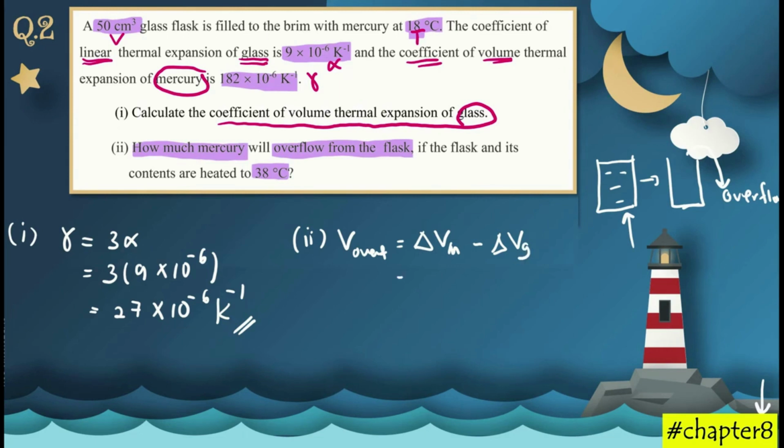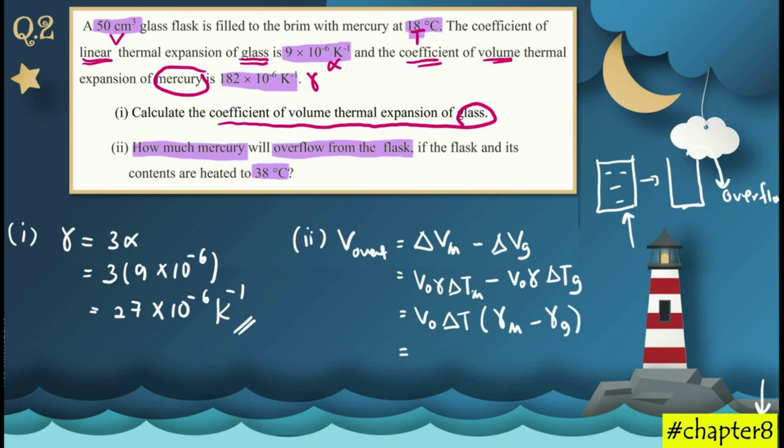Now we expand the equation. Basically the equation is V naught gamma delta T for mercury minus V naught gamma delta T for glass. We know that the value of V naught for both mercury and glass are the same, and also the value for delta T is the same, so we can factorize. The equation becomes V naught delta T times gamma mercury minus gamma glass. Now we substitute all the values.